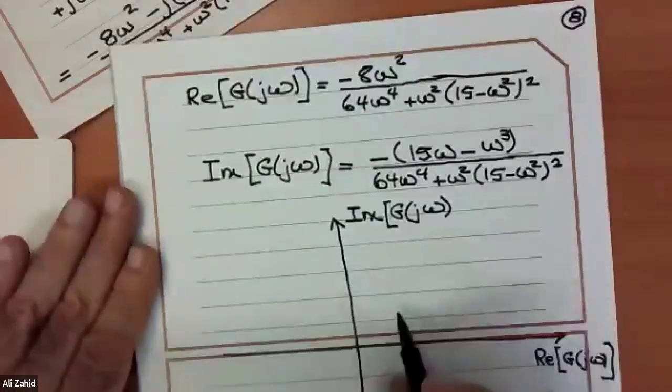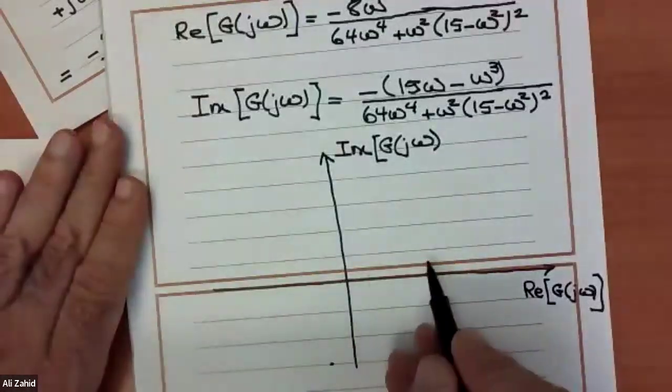When does the Nyquist plot intersect with the real axis?